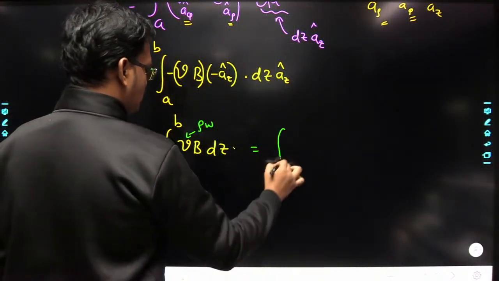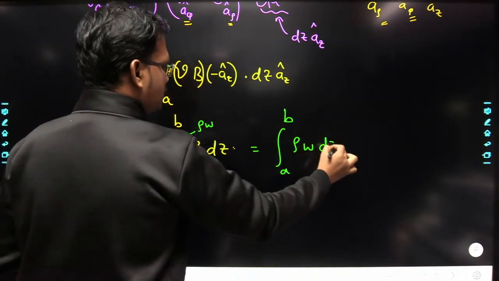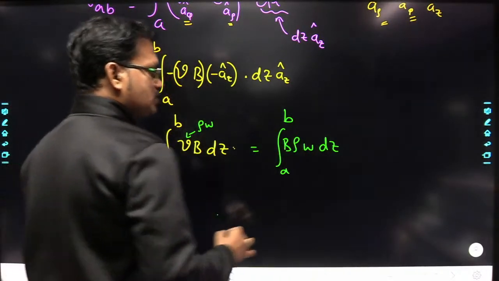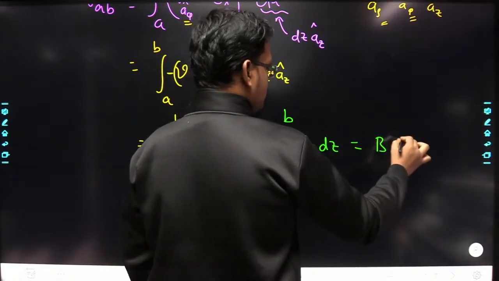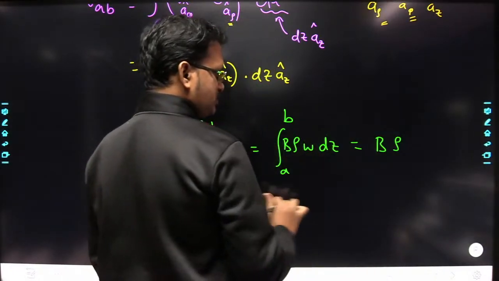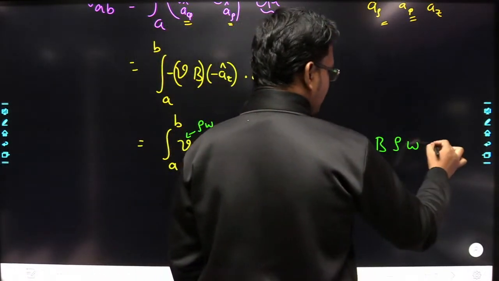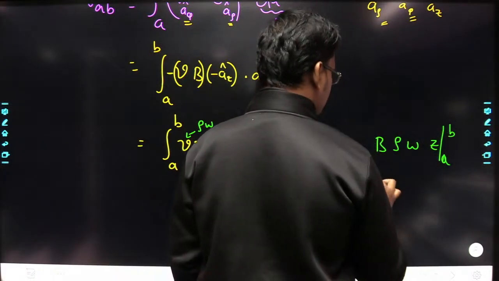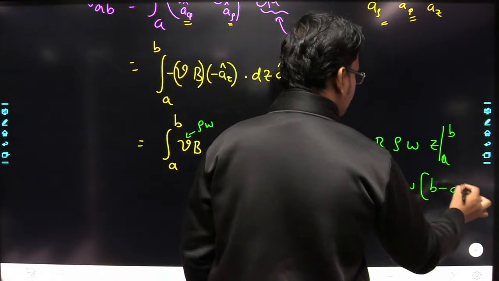So this is equal to integral from A to B of rho into omega into B dz. B is constant, rho is also constant with respect to the integration variable, and omega is also constant. Integral dz is nothing but z, its range is from A to B. So that is B rho omega into (B minus A).